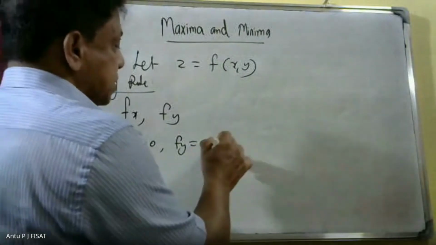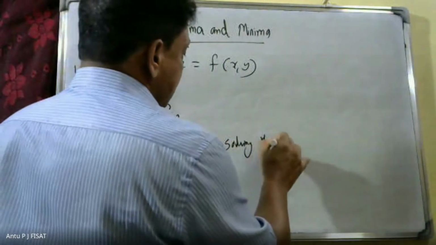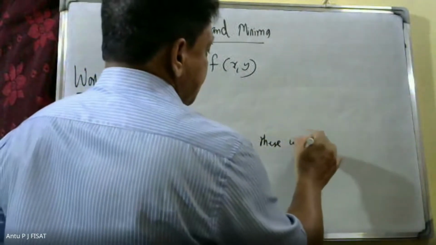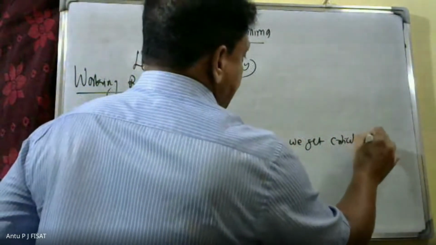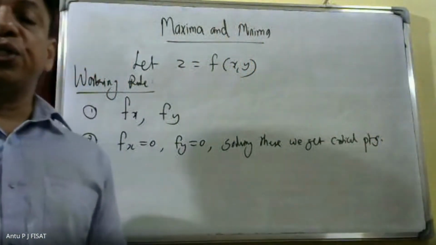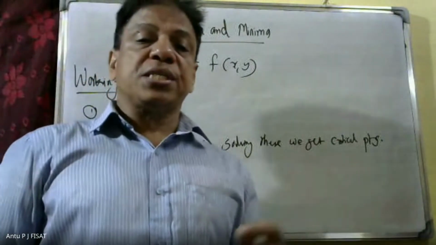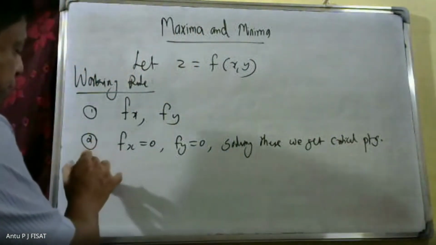Then solving this, we get critical points: x0, y0, x1, y1, x2, y2, etc. Critical points.